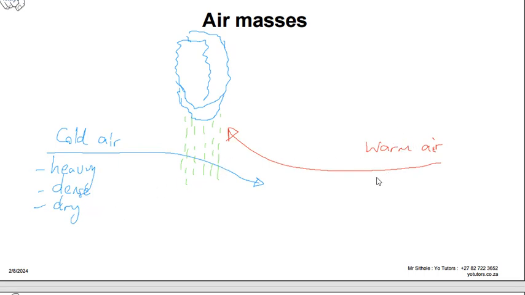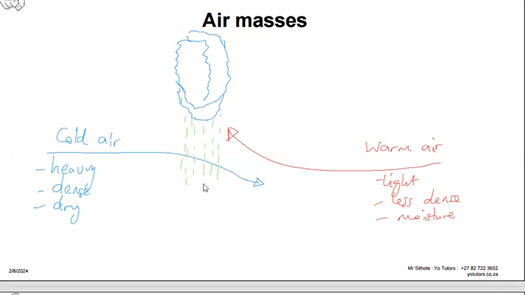Then warm air is light and less dense, and also it has some moisture. So that's what we need to know about the two types of air.